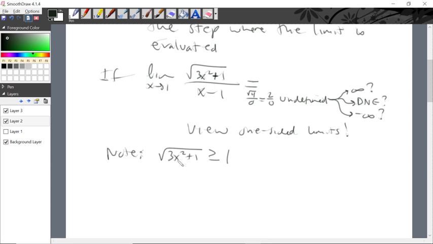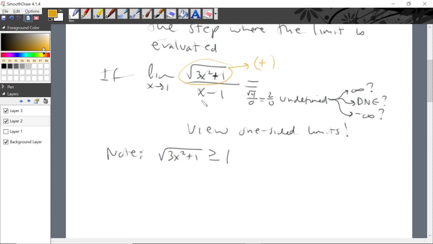The smallest that x squared can be is 0, so the smallest that 3x squared plus 1 could be is 1, and the square root of 1 is, well, 1. If you were to graph this, you would see that the graph only exists above or equal to 1. So the numerator is guaranteed to always output a positive quantity, no matter what was happening with x. In fact, it's actually positive 2. It's always going to be close to 2 when we run the limit there.